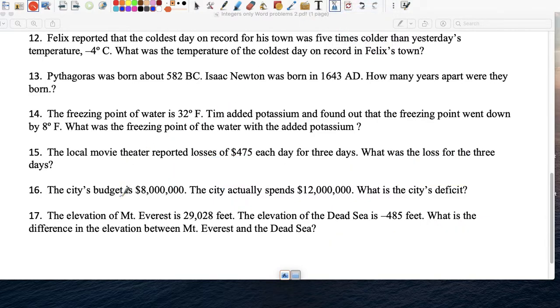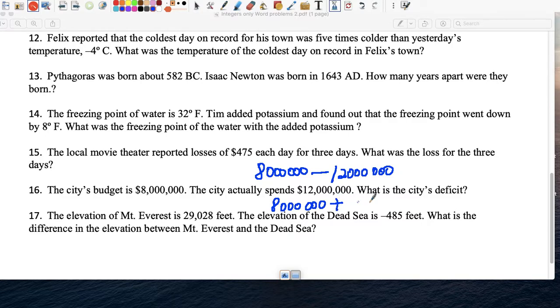A city's budget is $8 million. Okay. So here's the city budget. Right now they have $8 million to spend. Positive $8 million. They spend $12 million. What is the city's deficit? So you can go like that. Or you could have said, here I am on $8 million. That's what I have.